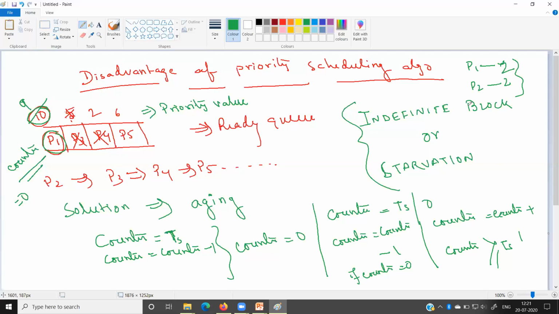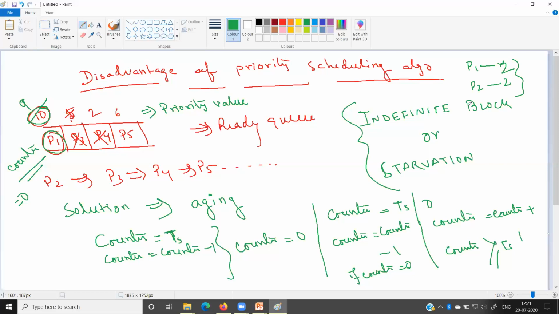So it depends. If this type of situation occurs, we have to go for the arrival time. We have to observe the arrival times of P1 and P2. Whichever process arrived first will be selected by the scheduler first.